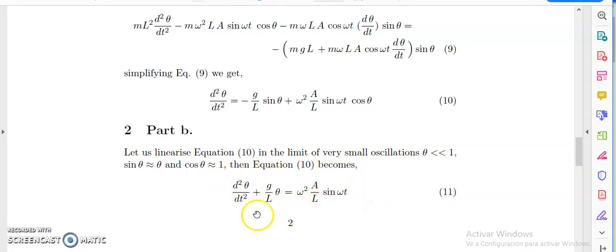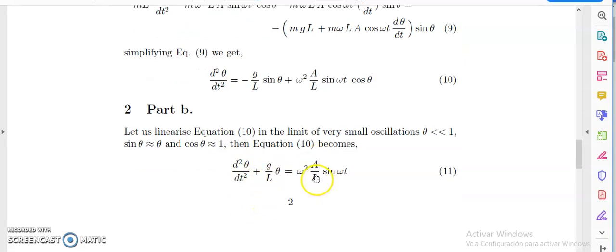In order to solve this equation, we need the initial conditions. Remember that the initial conditions for the problem are: theta, the angle at t equals 0, is 0, and the derivative of theta with respect to time is also 0 at t equals 0. The problem asks to solve this equation using the Laplace transform.